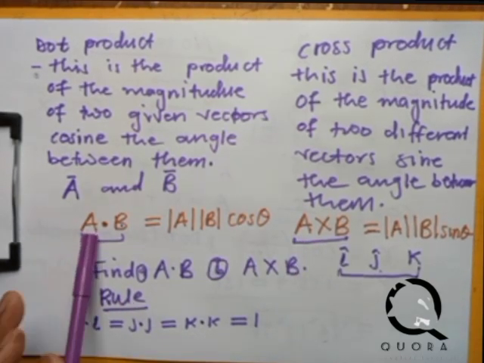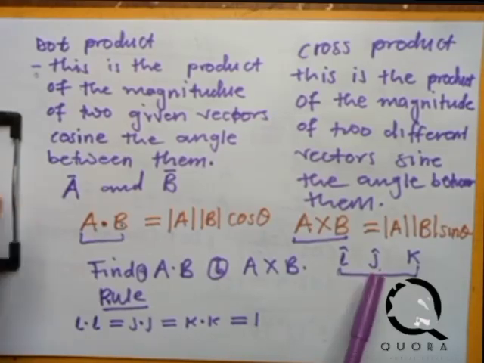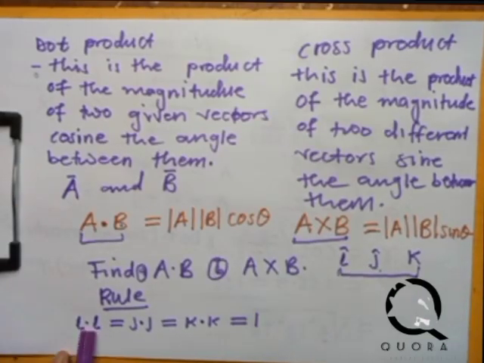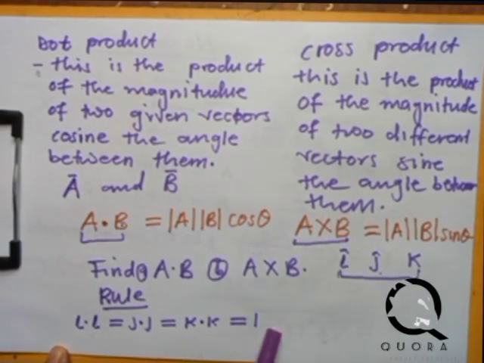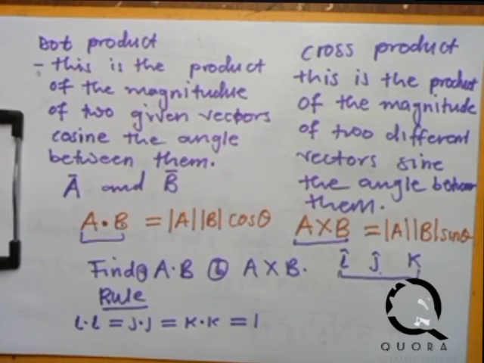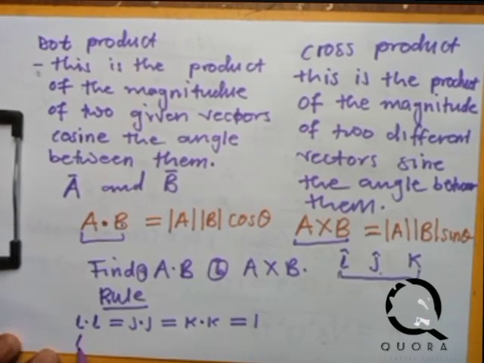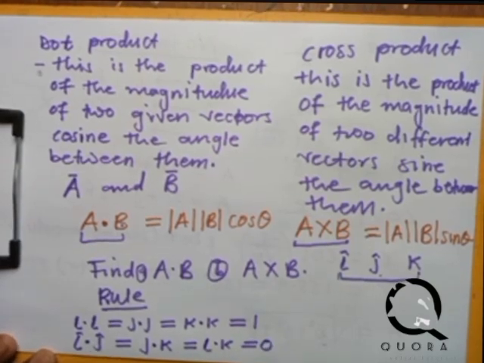i on part of 2 and i on part of 3, if you multiply them again, you are going to get 1. So 1 multiplied by 6 will give you 6. But if you say i dot j, we are going to get the same answer if you say j dot k. Also a similar answer if you say i dot k, which is going to be equal to 0.